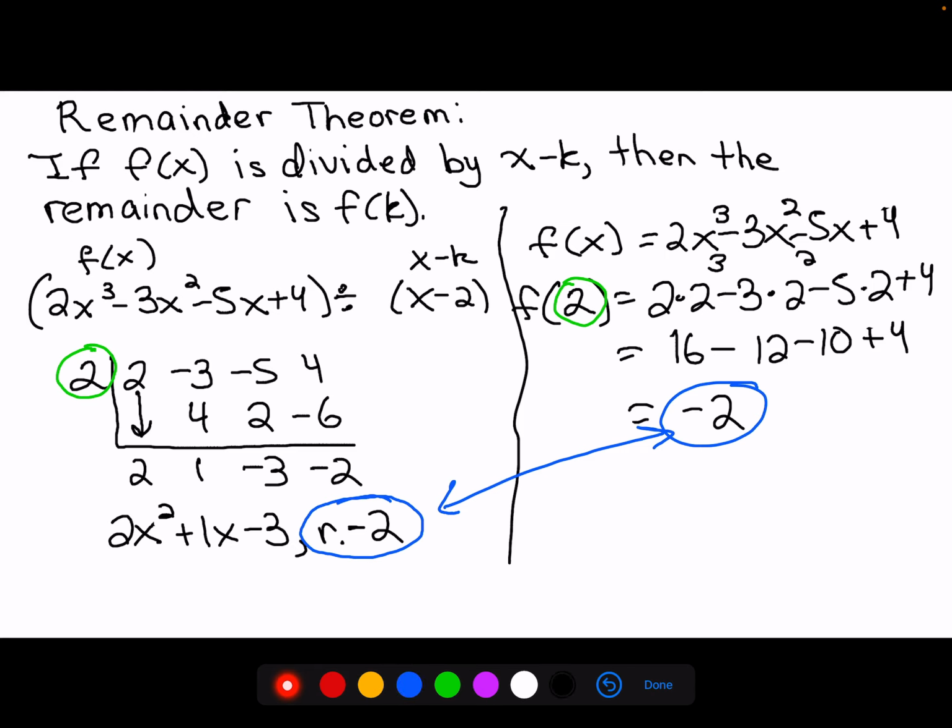We get the same thing. Isn't that cool? So you can always just take your function and plug in that k, evaluate it at that value, and whatever you get as your outcome is the remainder from the division problem. Neat, huh?